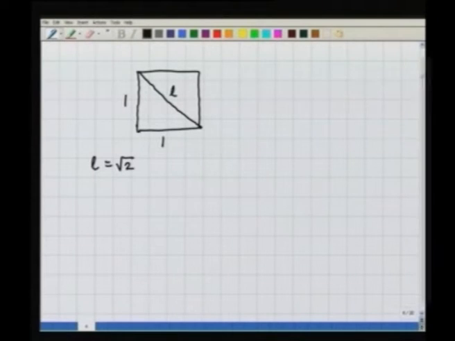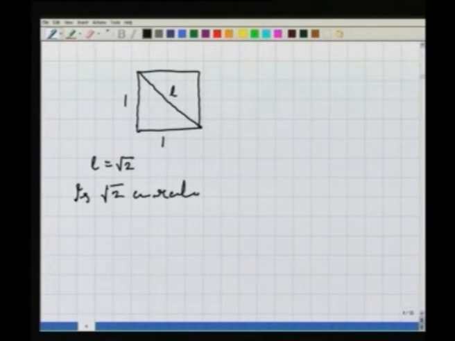Now, the question we ask is: is √2 a rational number? Let us see whether √2 is a rational number or not. To prove that, we assume the opposite of what we want to prove.